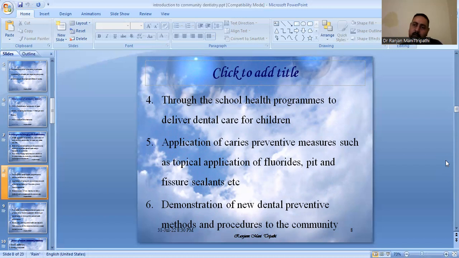The application of caries preventive measures such as topical application of fluorides, PFS or pit and fissure sealants, etc. Also, demonstration of new dental preventive methods and procedures to community.